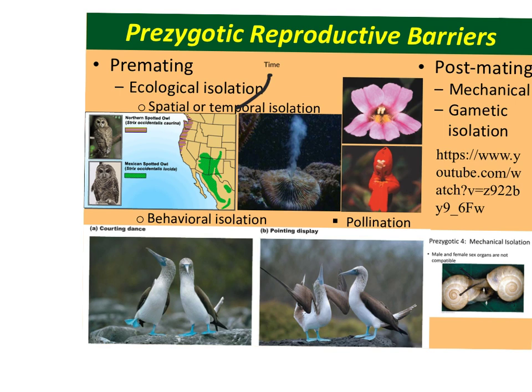And then behavioral isolation between blue-footed boobies. They, in fact, have a very specific courting dance. And if the mating dance is not precise enough, they won't mate. So there's another closely related species called the brown-footed booby. They have their own courting dance.